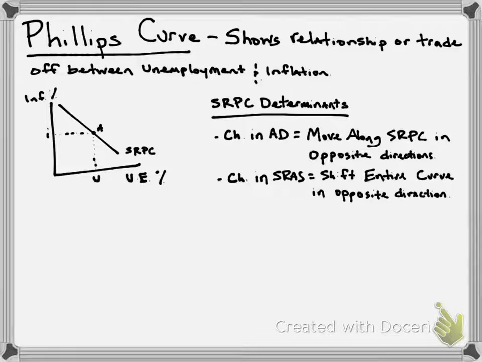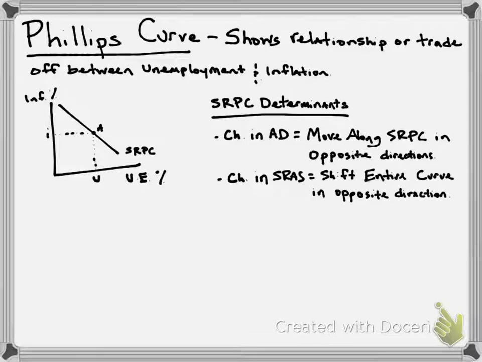An increase in spending would translate into an increase in aggregate demand, a rightward shift of aggregate demand. So on our Phillips curve, we would move along our SRPC to the left, in the opposite direction. And when we have a change in our SRAS, that's going to create a shift in the entire SRPC curve in the opposite direction. So if something causes our SRAS to decrease and shift left, then we would move the entire SRPC to the right. Those are a little bit about our determinants.